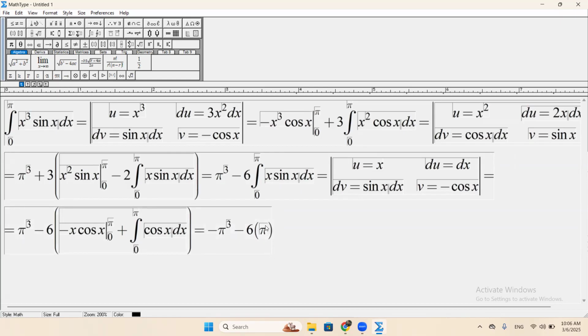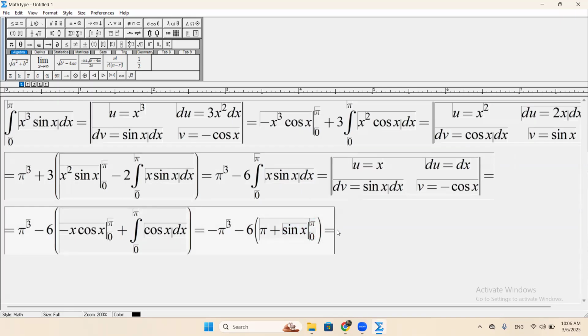I need to review the table of integrals. Oh, no, not the table of integrals, but the values of trigonometric functions. And I recommend you the same. So we found the antiderivative, and it is the sine of x with substitutions from 0 to p, and it is actually equal to 0.